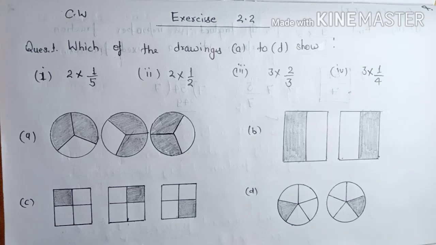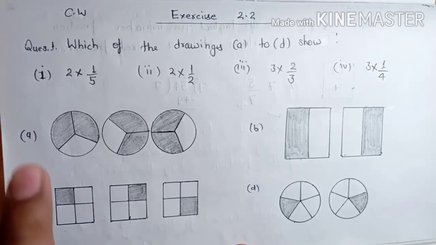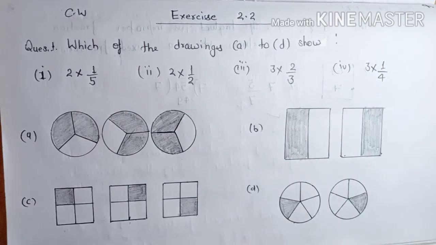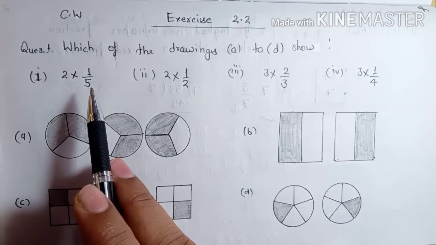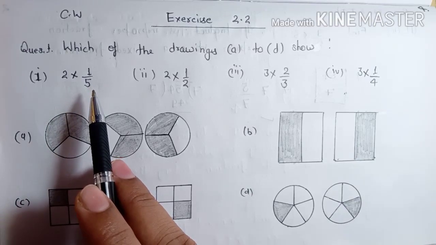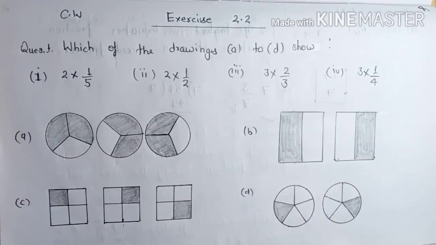In exercise 2.2, we are given some questions. The first question is, which of the following drawings A to D show the given parts 1, 2, 3, 4 of the question? You can see 4 different diagrams, and it is asked here for which options these parts are explained.